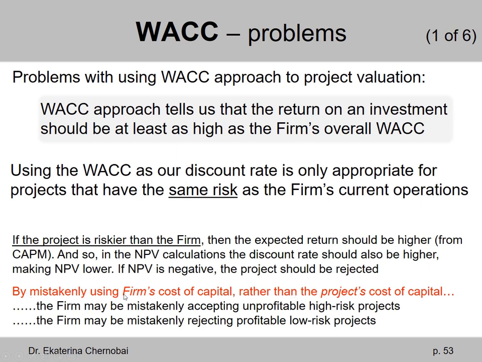So by mistakenly using the firm's weighted average cost of capital rather than the project's weighted average cost of capital, the firm may be mistakenly accepting unprofitable high-risk projects. Also, we can say that the firm may be mistakenly rejecting profitable low-risk projects if it's using its own WACC rather than a slightly lower discount rate for a new project that is not as risky.